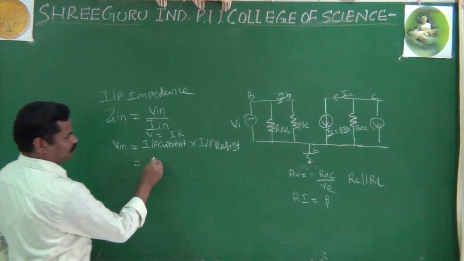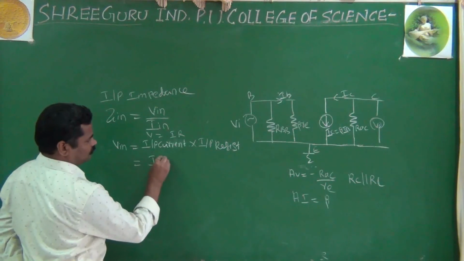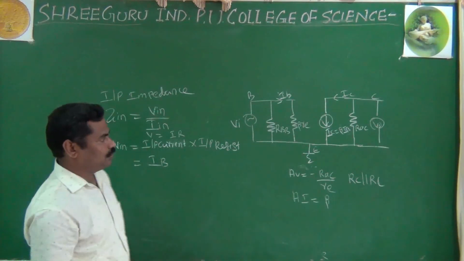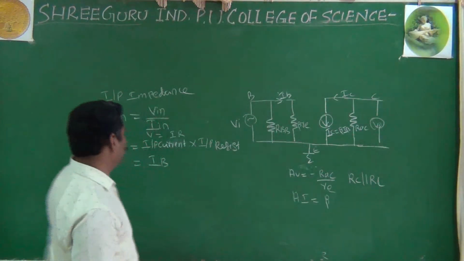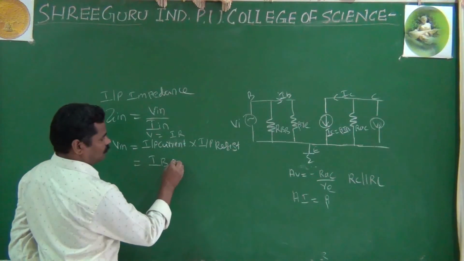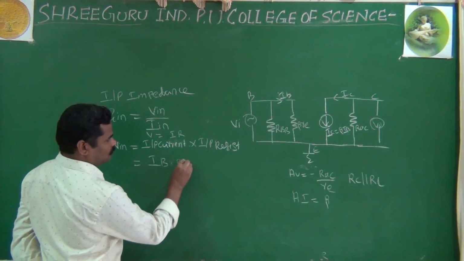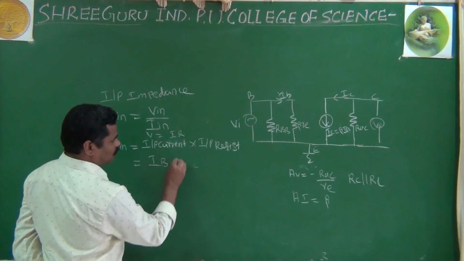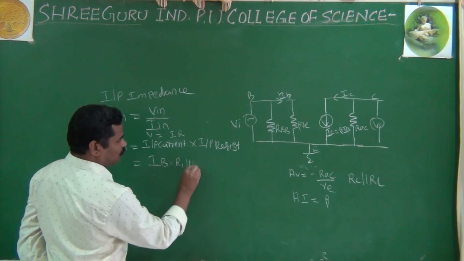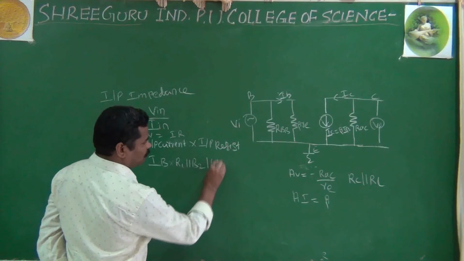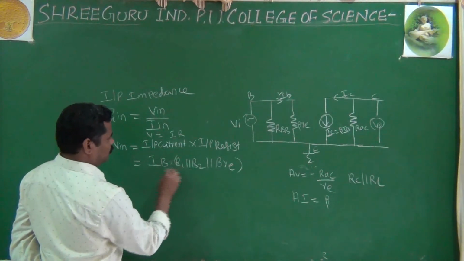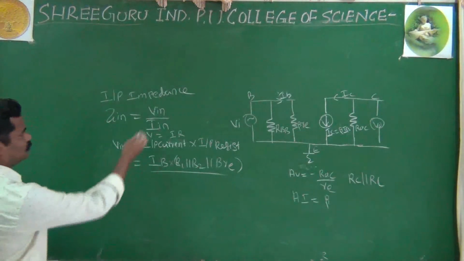For input current, it is nothing but your IB, and the input resistance is nothing but R1 parallel to R2 parallel to beta RE.